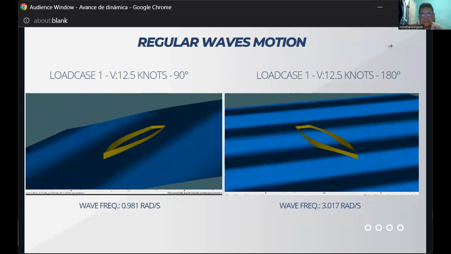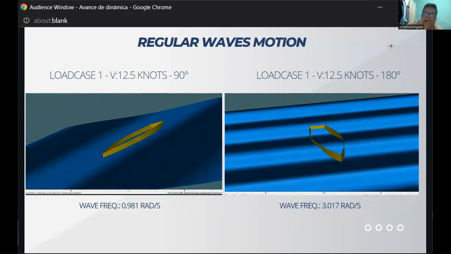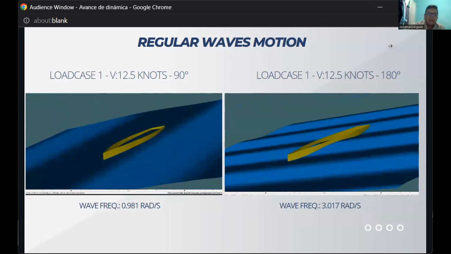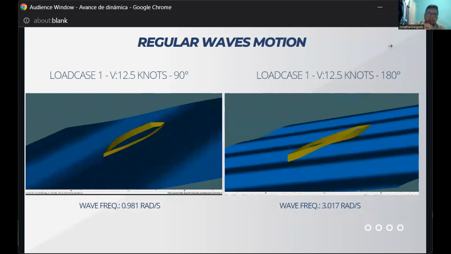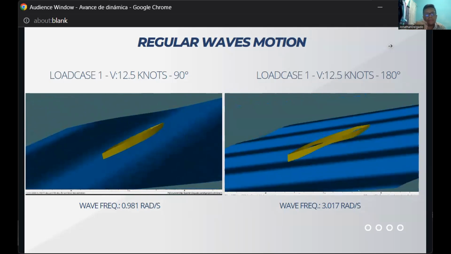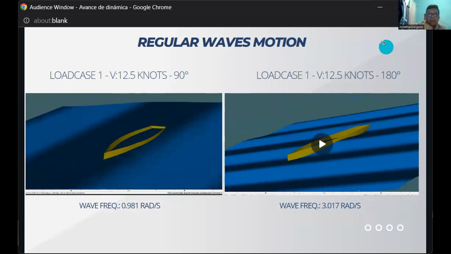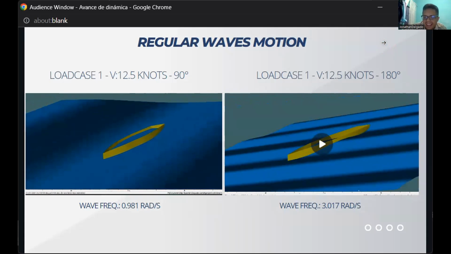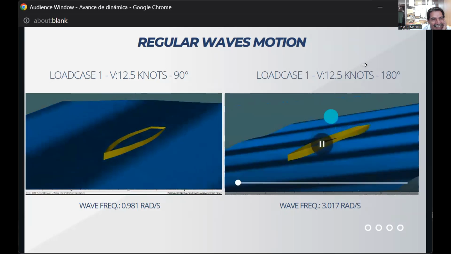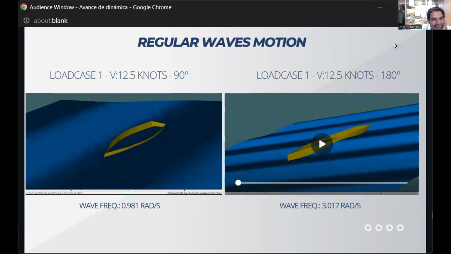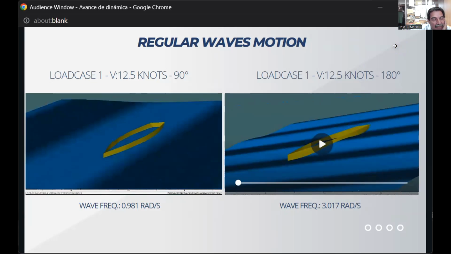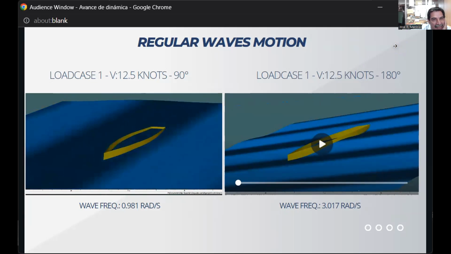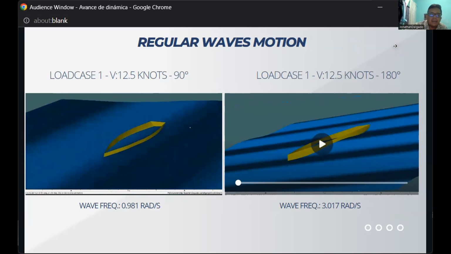Go on, I'm sorry. Well, in this case, we consider waves coming at 90 degrees. Okay, you are in trouble. Yes, you receive waves from the side, from the beam. Yeah, it's big. Okay, next slide.